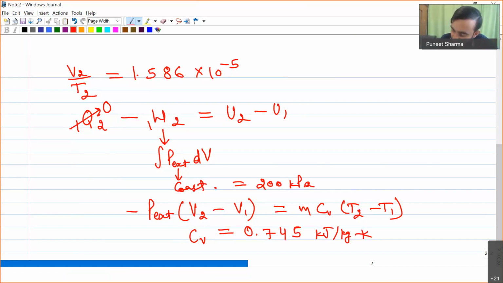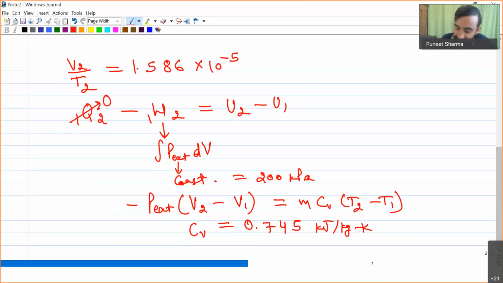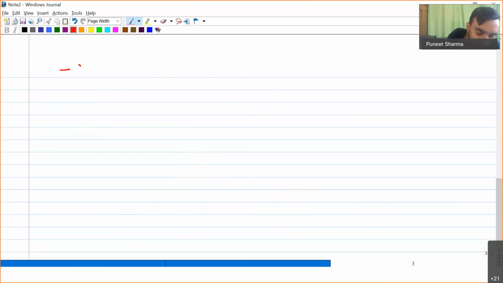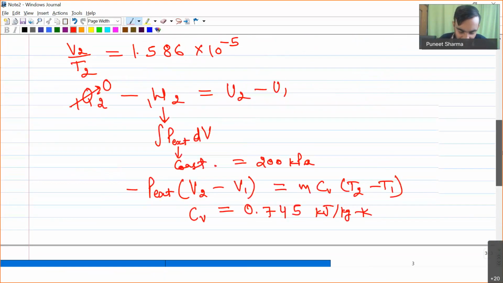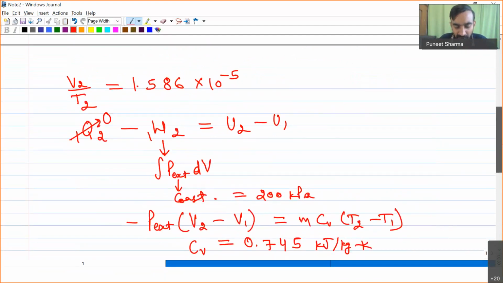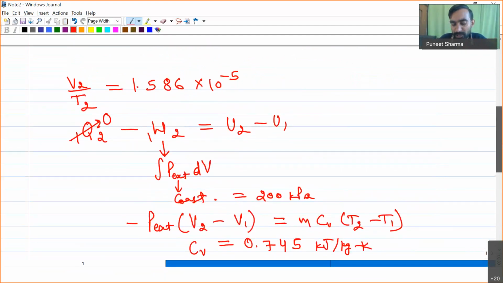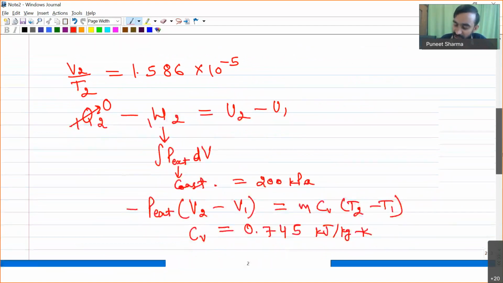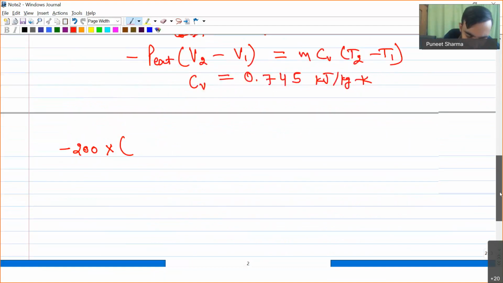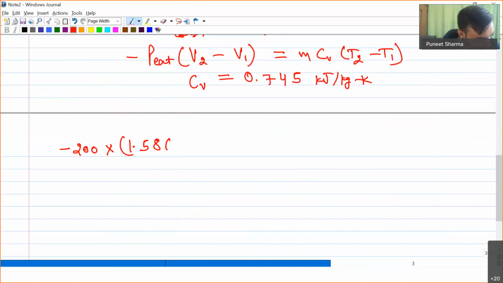Now if I substitute the values in this equation, I will find minus pressure, 200 kilopascals, into V2. If you see my previous slide, I have calculated the ratio of V2 by T2 as 1.586 into 10 to power minus 5. So I can write V2 as this value times T2. In place of V2, I will write 1.586 times 10 to power minus 5 into T2, minus V1.